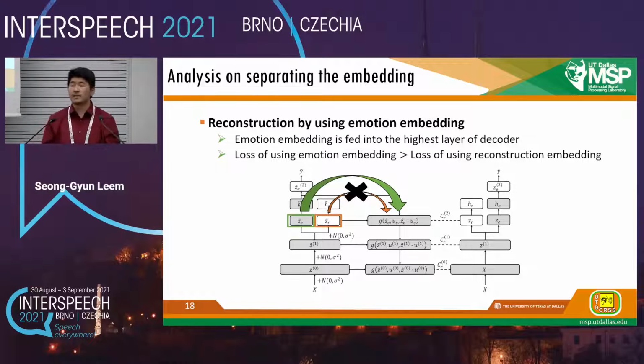The reason is that we assume the emotion embedding will have less information for reconstruction tasks than the reconstruction embedding. So after training, we cut the connection between the reconstruction embedding and the decoder and reconnect it to the emotion embedding. Then we compare the reconstruction loss of input features using the emotion embedding and the reconstruction embedding.